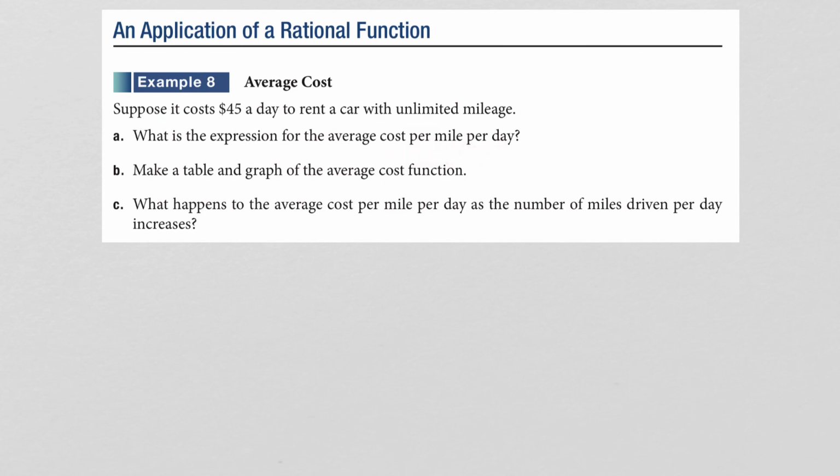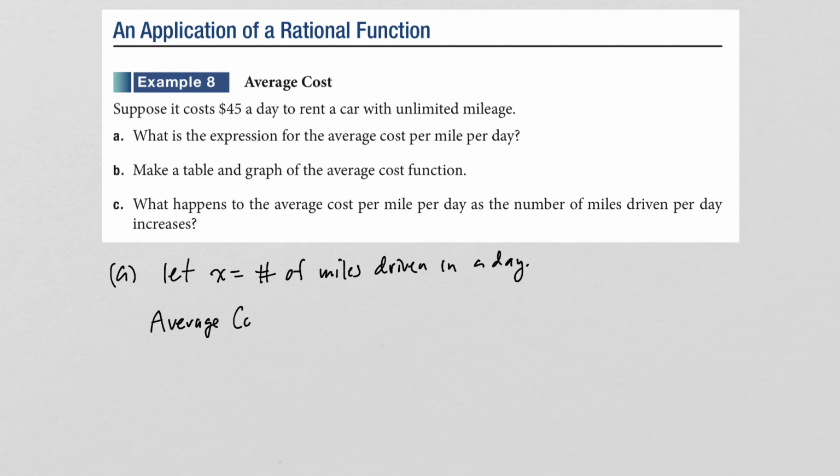All right, so to answer this first part, we're going to let x be equal to the number of miles driven in a day. So the average cost per mile is going to be the cost divided by the number of miles.